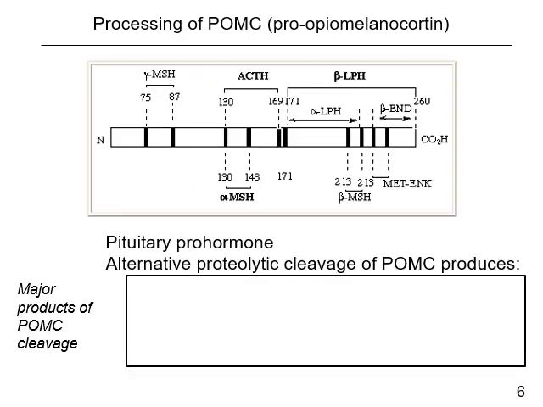Now I want to remind you about POMC, pro-opiomelanocortin. We talked about this in the context of peptide hormone processing, but now we need to be specific. So here is a map of POMC. Here's the N-terminus of POMC. Here's the carboxy terminus of POMC.